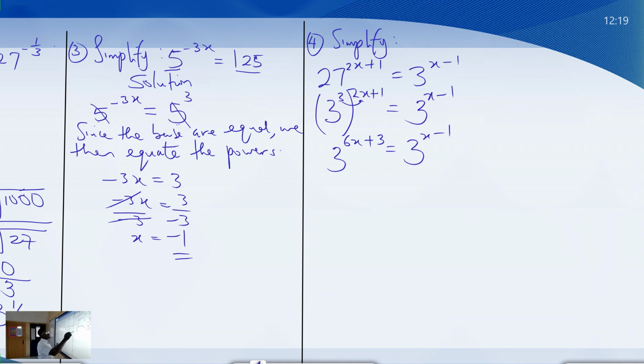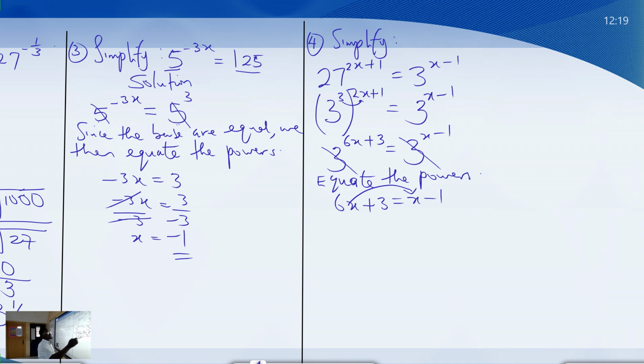So since the bases are equal, this can cancel this out. Then we equate the powers. So 6x plus 3 equals x minus 1. So we can now use the balance method and we get our x.